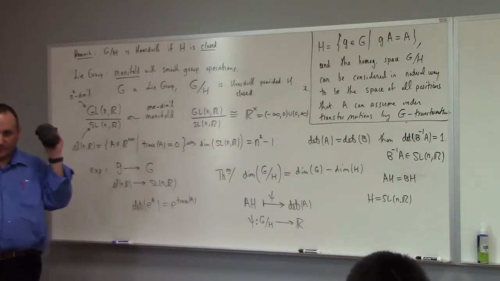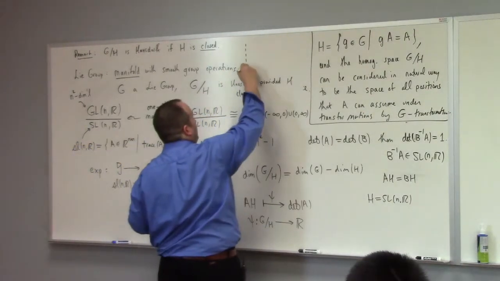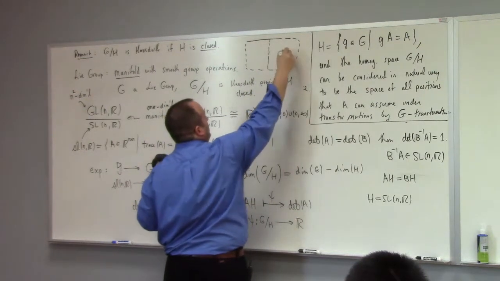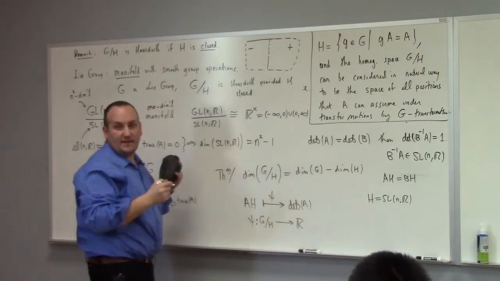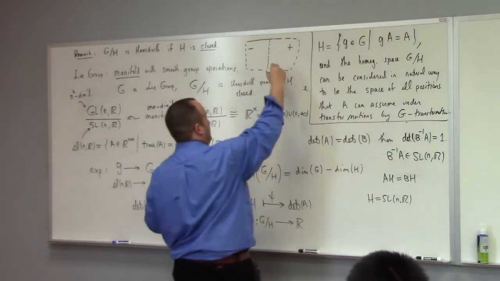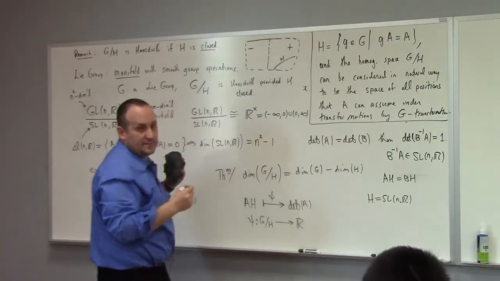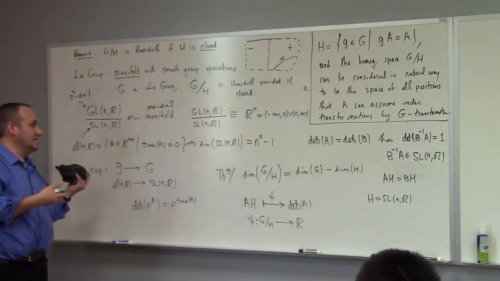Here's how I'm visualizing that. If you think about all of GLN, there's two pieces. There's the plus determinant and there's the minus determinant, right? And somewhere in the plus determinant, there is H. I'm not sure that does it justice.